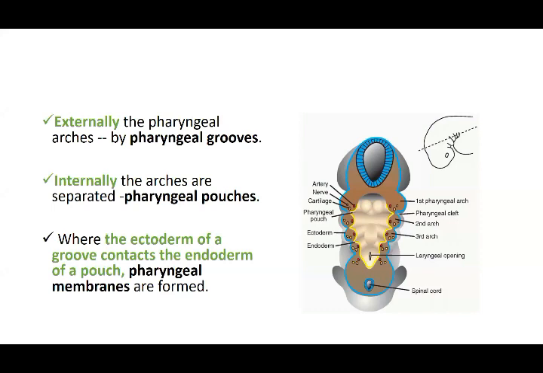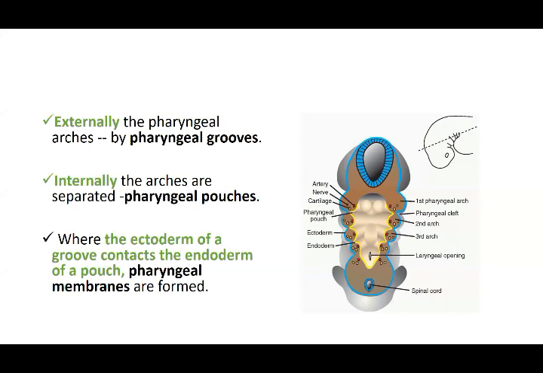The ectoderm forms a cleft, the endoderm forms a pouch that is protruding, and in between you have the mesoderm. Where the ectoderm and the endoderm come in contact, with the mesenchyme in the center, they form what is called the pharyngeal membrane. All three layers together produce a layer called the pharyngeal membrane.